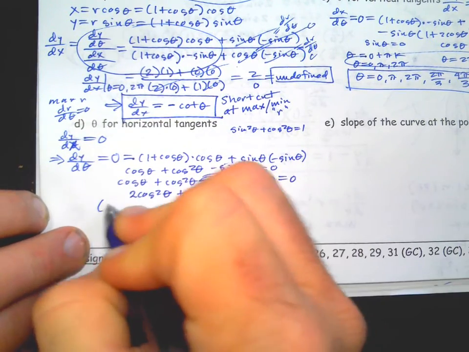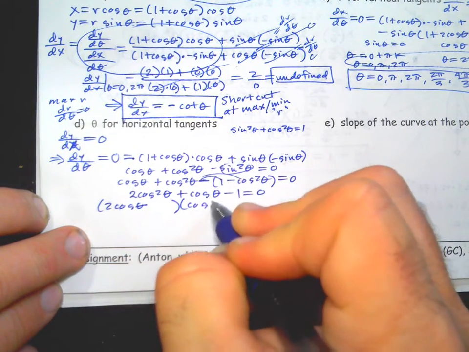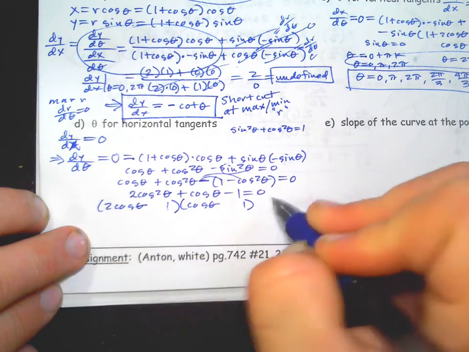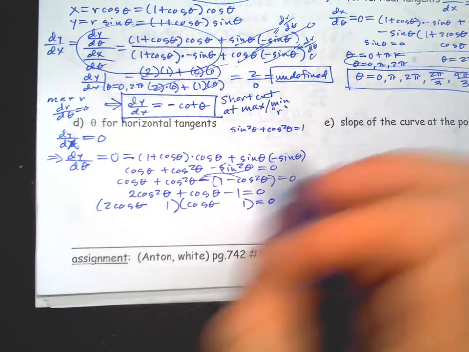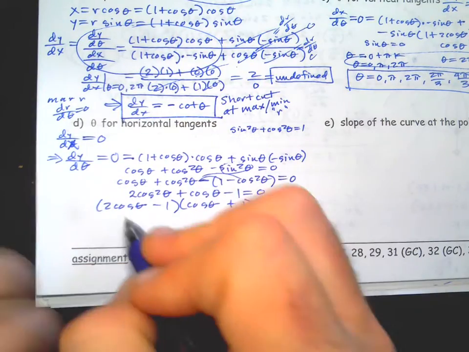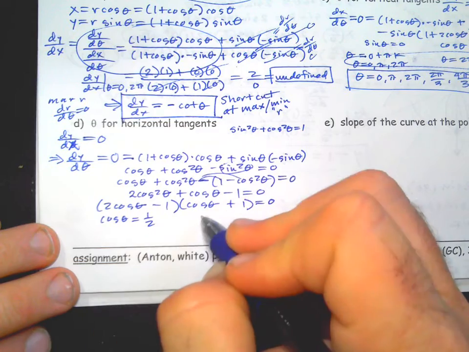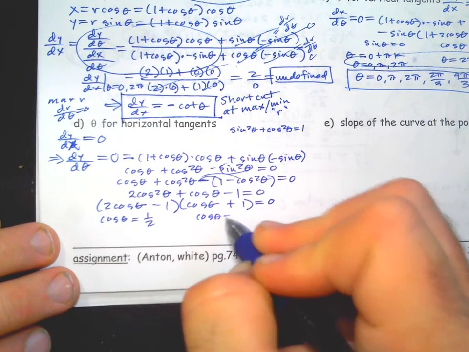So then I'm going to factor it. 2 cosine theta, it's going to be a 1 and a 1. One's got to be positive, one's got to be negative, but you want a positive 1 cosine theta when you're done. So this one's positive, that one's negative. So then cosine theta equals 1/2, and cosine theta equals negative 1.